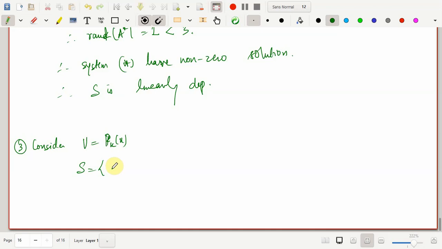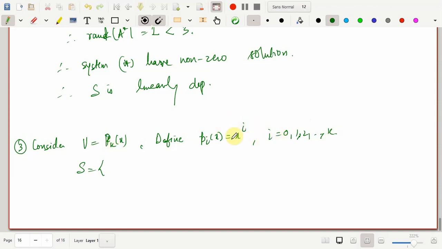I'll take a simple one. First of all, I'll define a polynomial in this way. Let me take pi(x) as x raised to i, with i going from 0 to k. Now you can note that each of these pi(x) belongs to Pk(x), this set V, because each i gives us a polynomial whose degree is less than or equal to k.